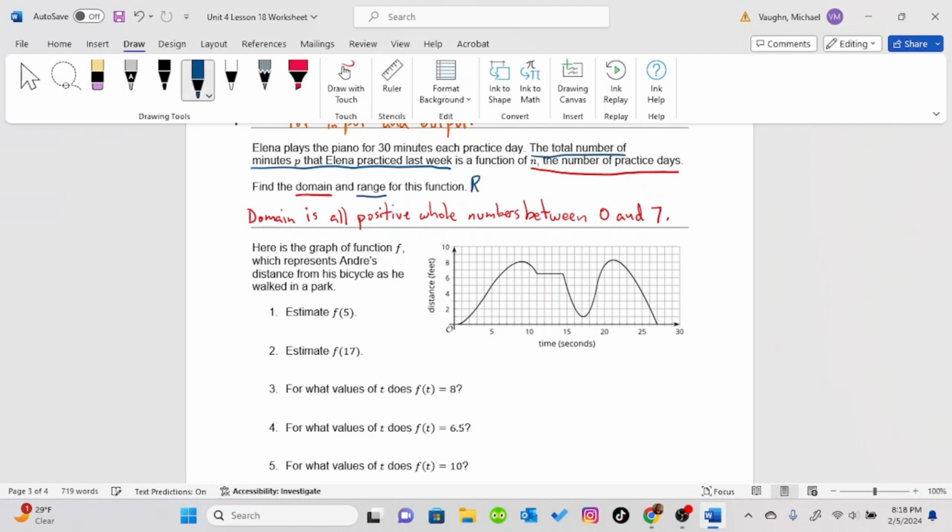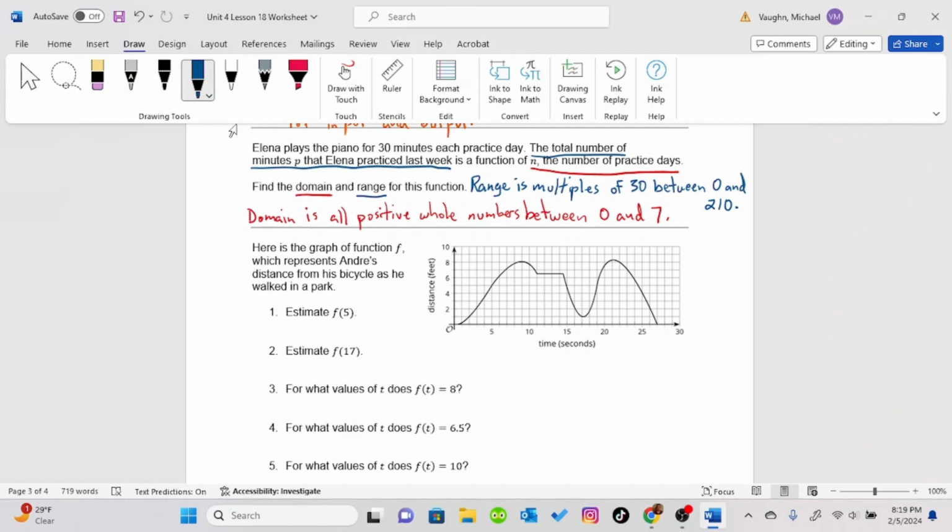The range is multiples of 30 between 0 and 210.